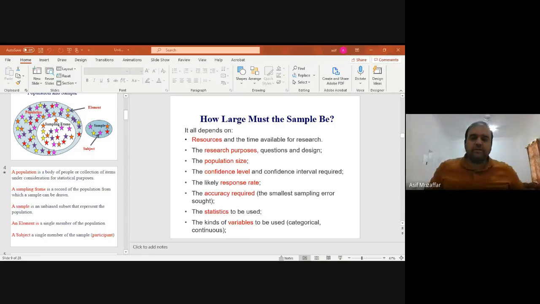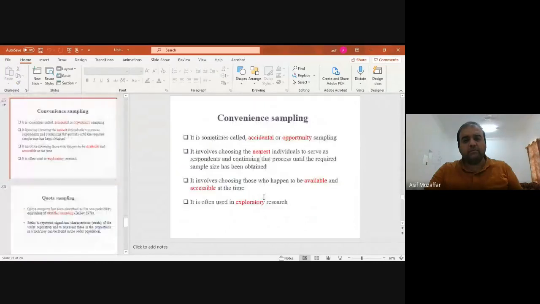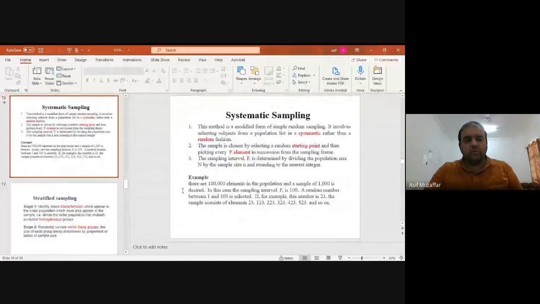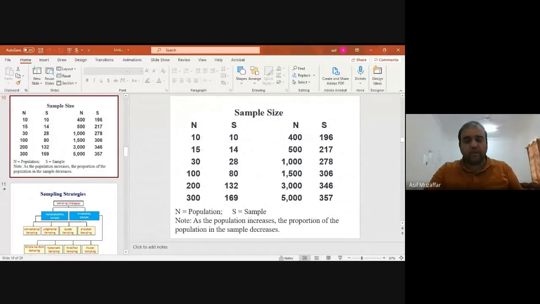What is the sample size? It's an easy question. If you know the population, I showed you the table. The table will tell us the recommended size. For example, in this case, the population is 800.